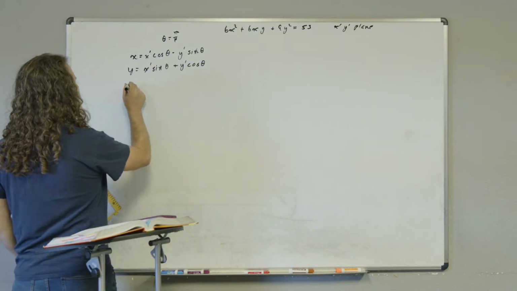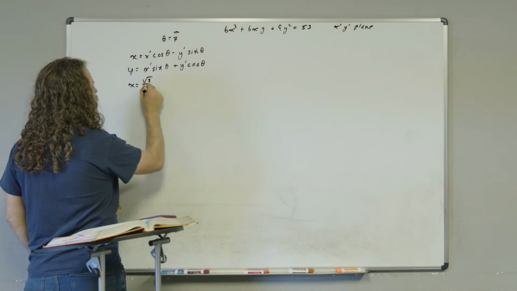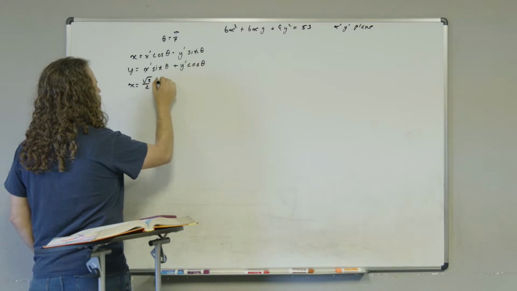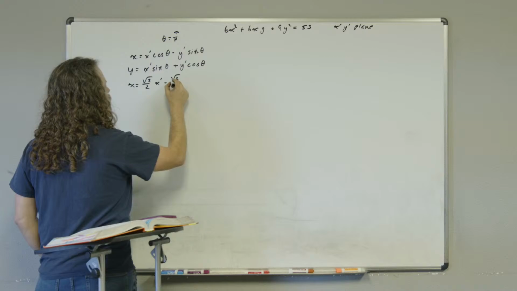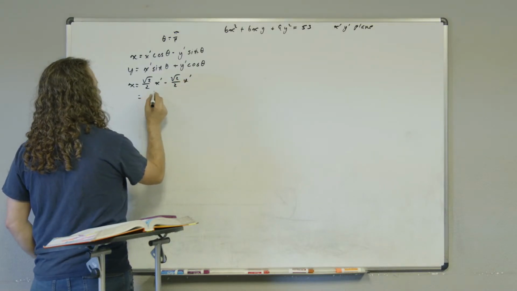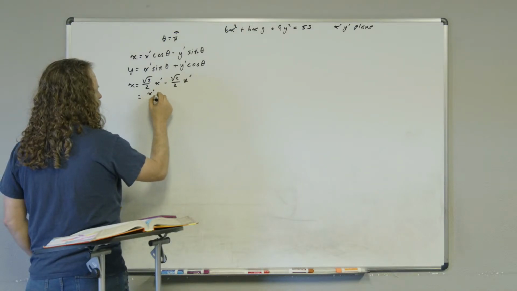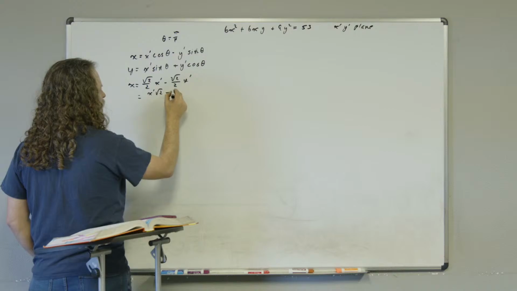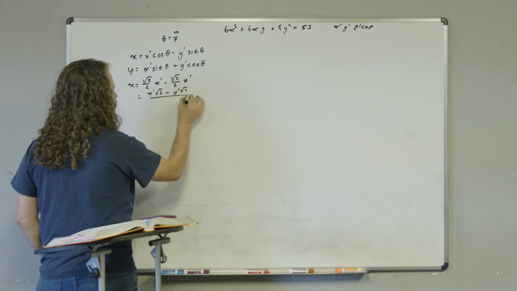So, x equals square root of 2 over 2 times x prime minus square root of 2 over 2 times y prime, which if we write as a single fraction would be x prime square root of 2 minus y prime square root of 2 over 2.